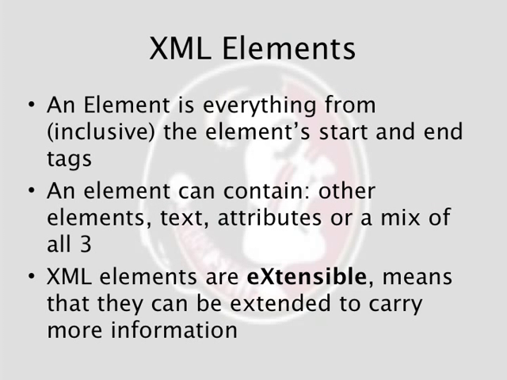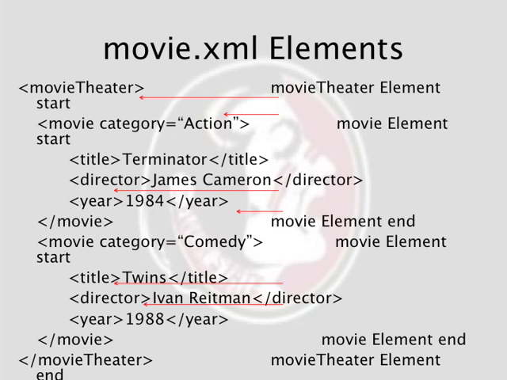So an XML element, we've gone over a little bit already. There's a start and an end tag to the element. Elements can contain other elements, or they can contain text, or attributes, or a mix of all three. XML elements are extensible, which means they can be extended to carry more information. We'll take a look at that in the next couple of examples here.